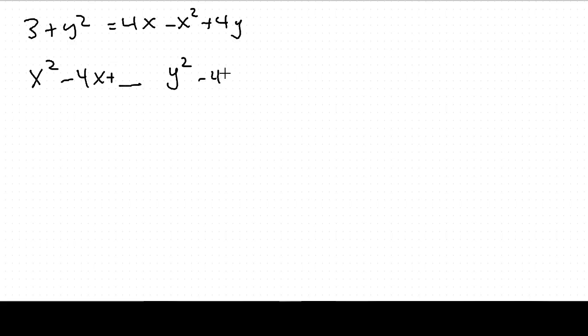Minus 4y. What else did you forget again? Good. Negative 3. I think I might be skipping a step, but yeah. Concentrate on the middle term and complete the square.